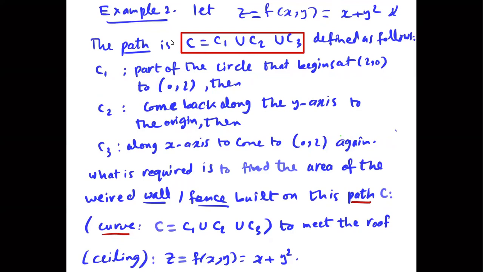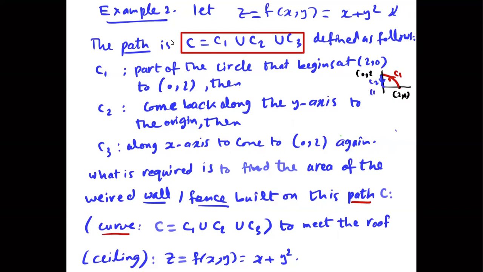So the situation is this: (2, 0), (0, 2). Here we have part of the circle like this, C1. And then we come back along the y-axis. So C2 is this part, coming along the y-axis to the origin.